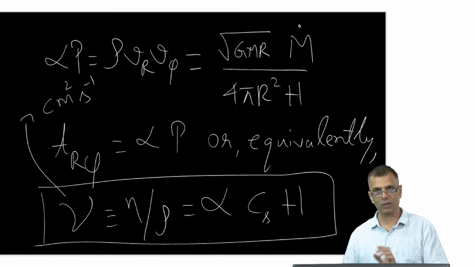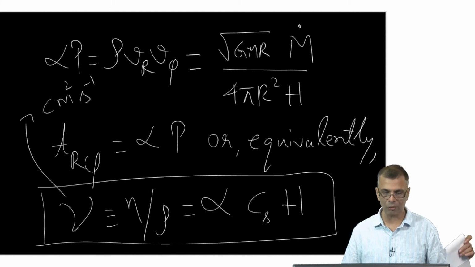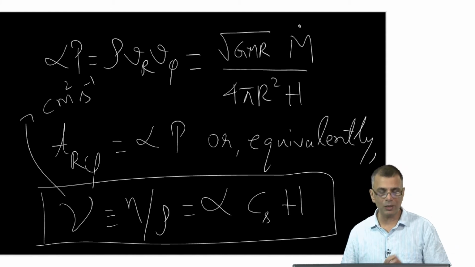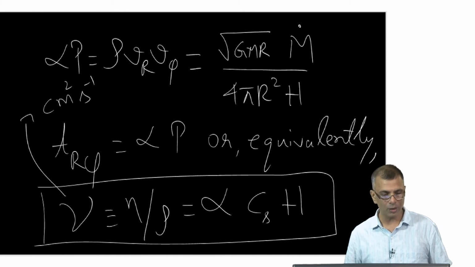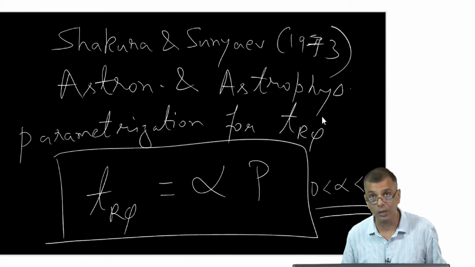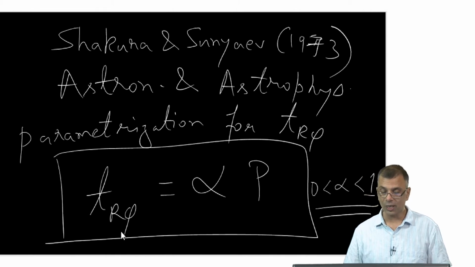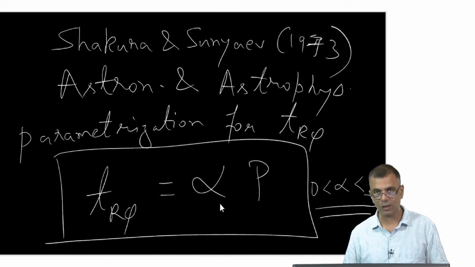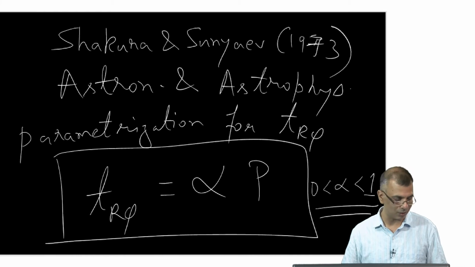The reason we discussed this was not so much to show you all the equations, but to introduce the famous Shakura-Sunyaev parameterization for the r phi component of the viscous stress tensor, and that is this. This is where the all important viscosity parameter alpha is introduced, and alpha is always between 0 and 1, and we've discussed what this means, right?